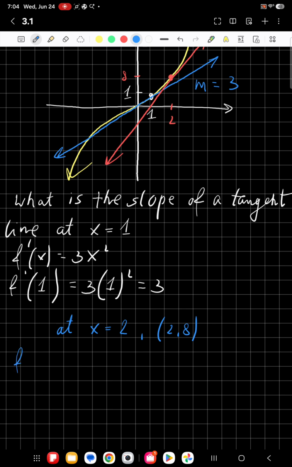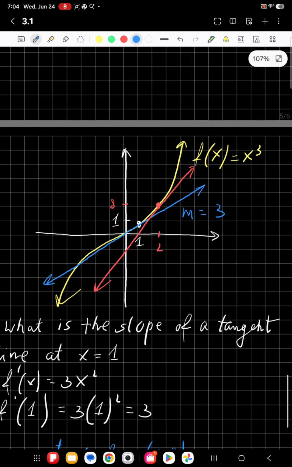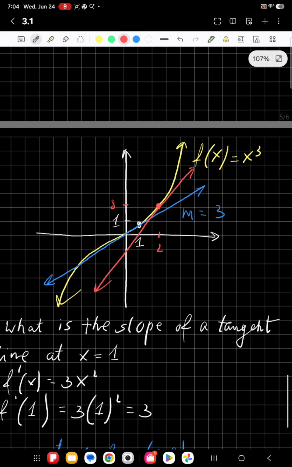I'm doing f prime of 2. Okay, so we have 3 times 2 squared, so that's 12. Okay, so the slope of the red line is m equals 12.